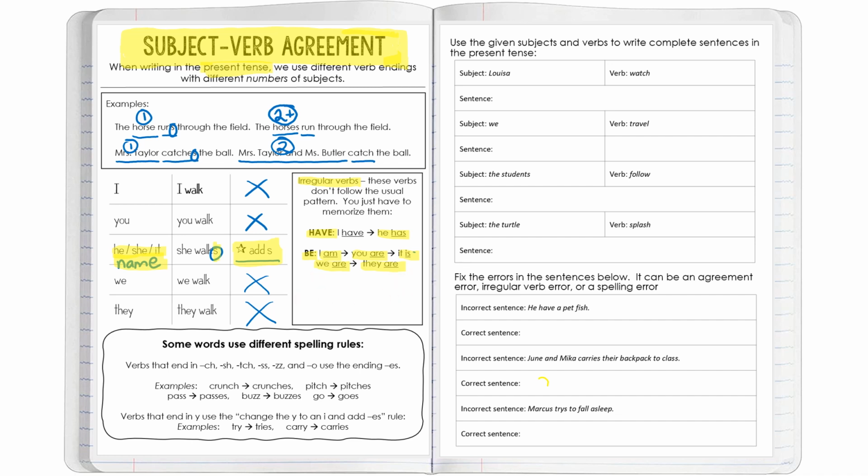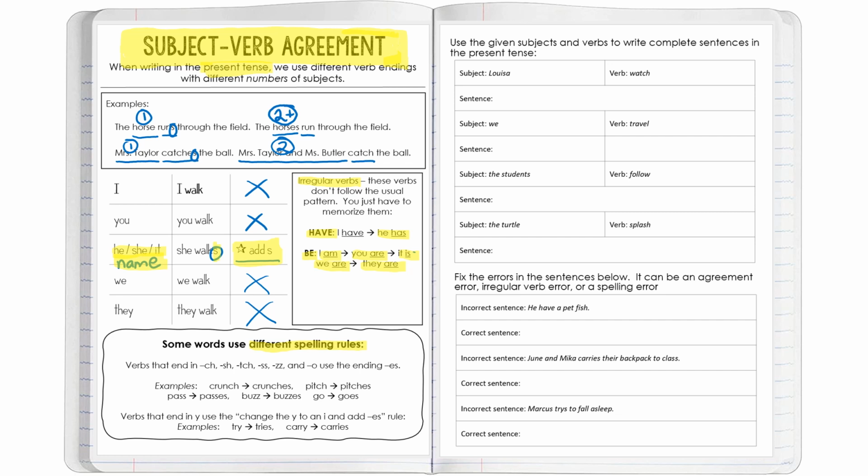Now, once you've decided whether or not you have to add an S to your verb, we also have to consider that there are some verbs that use different spelling rules. So I'm going to highlight that down here, different spelling rules. There are a couple of patterns we need to watch out for. Most of the time, we're just going to add S, but there are some circumstances in which we're going to have to add ES.